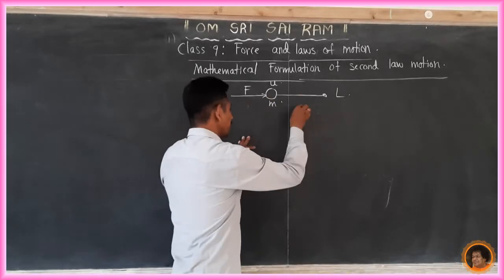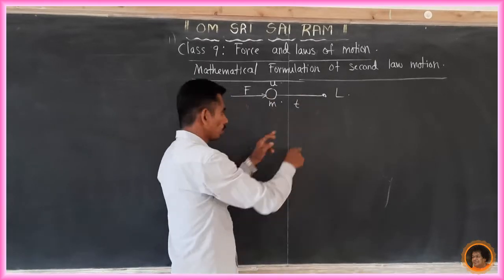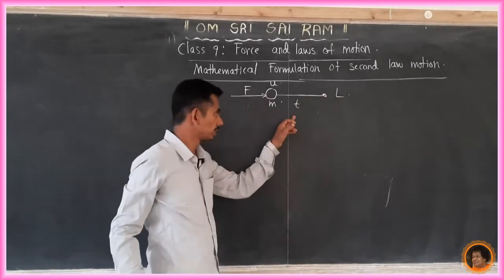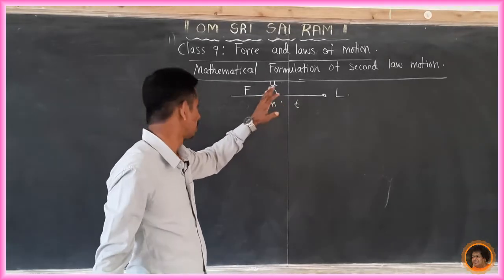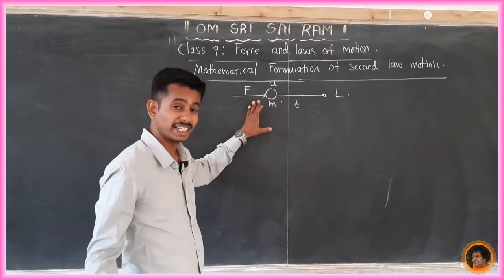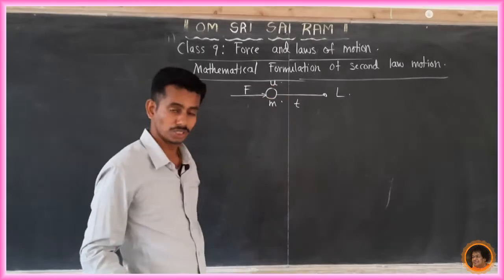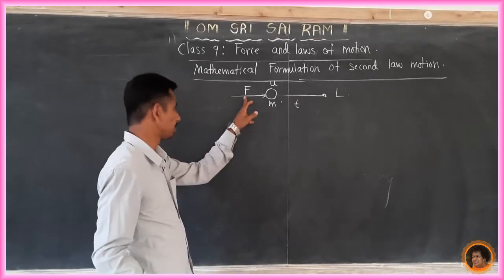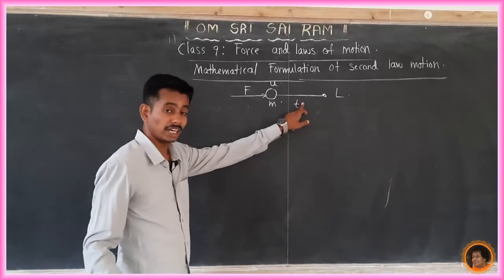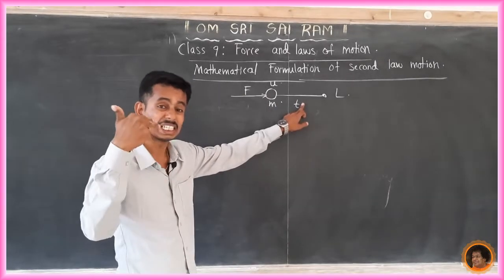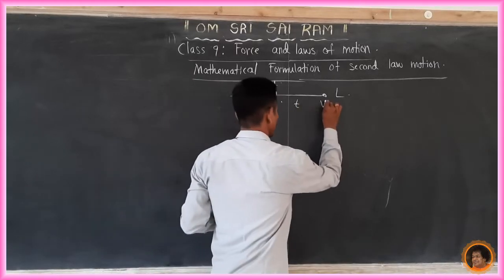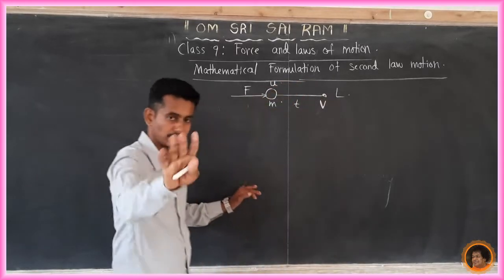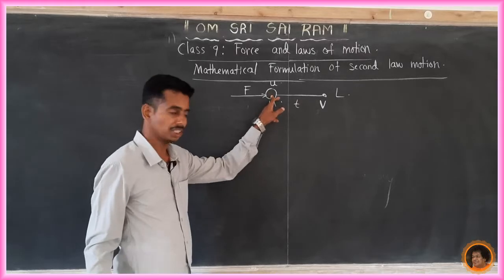It moves, which means it takes time to reach this position, that is time t. When it was at rest, its initial velocity was u. When it moves by that force, its velocity increases, so its final velocity is v. Very simple concept: one object, its mass is m.